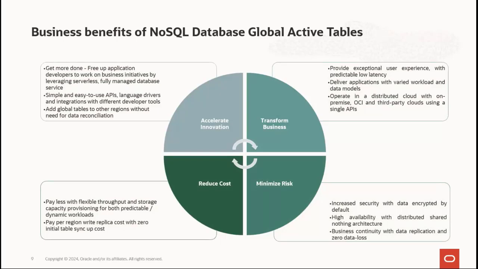We can minimize risk because now we have data in multiple locations. So you can get increased higher availability. You can get disaster recovery. You can transform your business because now all of your accesses to your data will be local. And then finally, you can accelerate innovation.